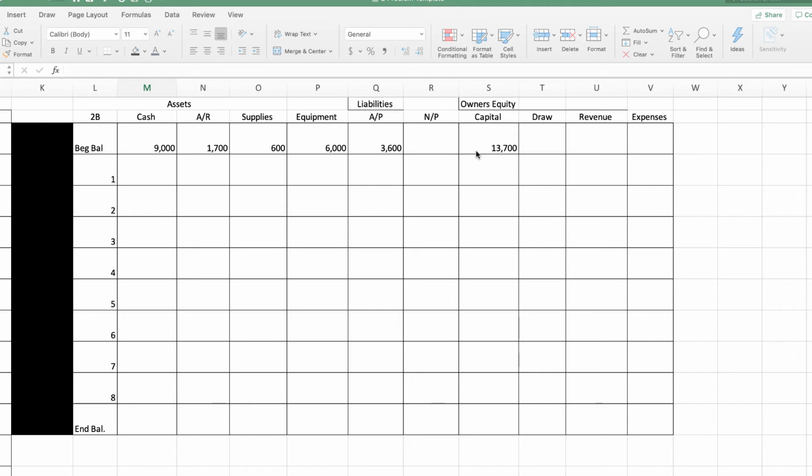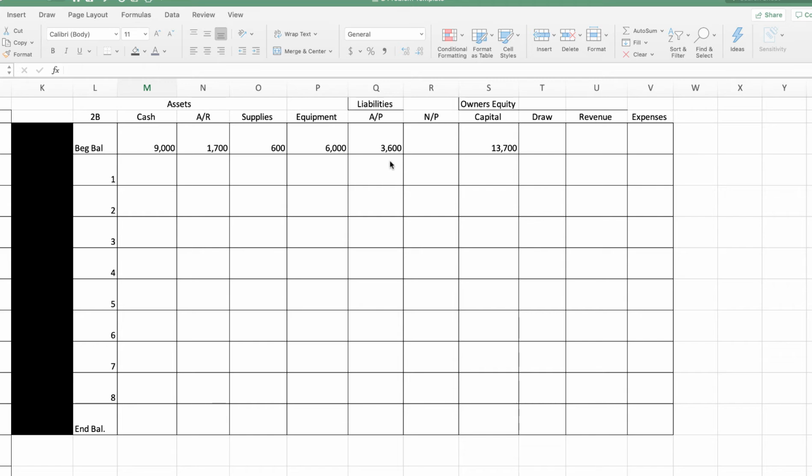Remember, one period's ending balance in an account is the next period's beginning balance. So if the ending balance of July for cash was $9,000, the beginning balance of cash for August is $9,000. Just keep that in mind.